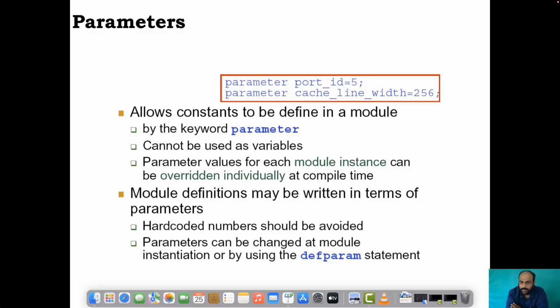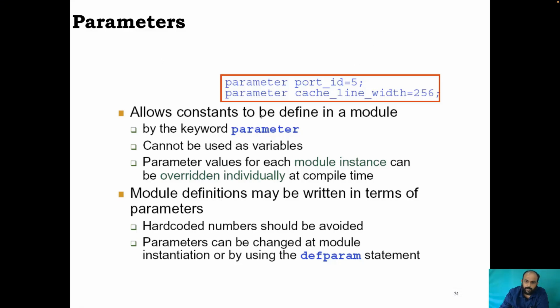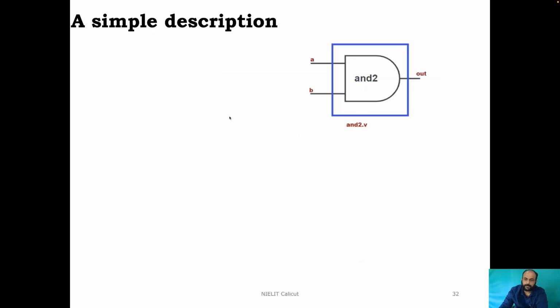Later you want to scale it up to say 8-bit, you simply have to change it at only one place. Parameter port_ID, if you write it equal to 8, then wherever the compiler sees the word port_ID, it will be read as equal to 8 instead of 5. So that is the advantage of parameter. In a nutshell, it is used to assign a constant to a text.